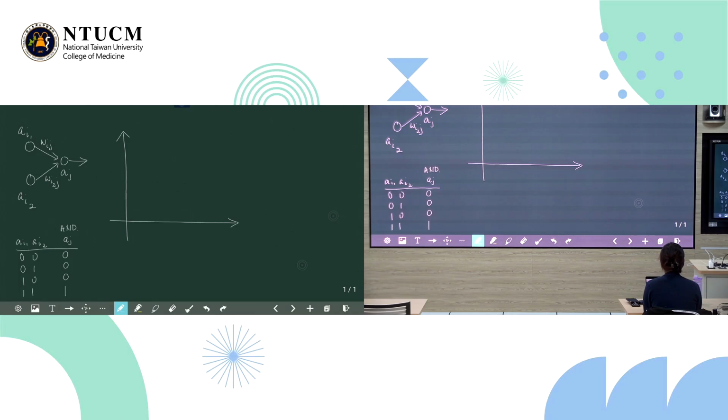If it's an AND problem, this is the output. If it is an OR problem, then it'll be 0, 1, 1, 1.